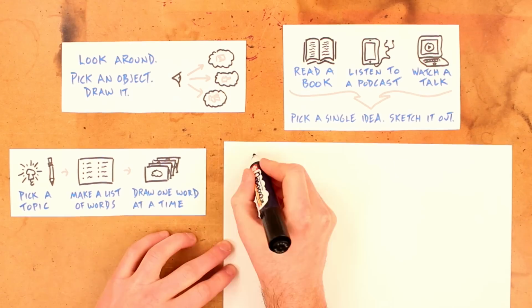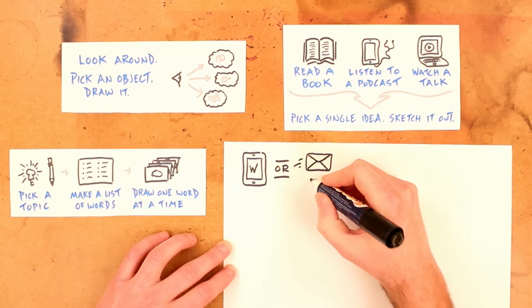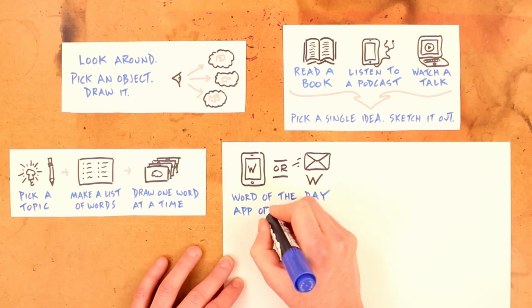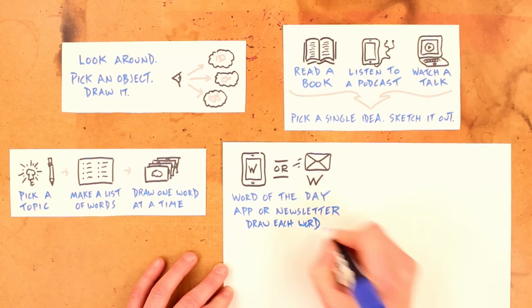Speaking of language development, you might also pick up a word of the day app or sign up for a newsletter and then draw the new word that comes out each day. This one could be a bit of a challenge because the words that they tend to come up with aren't always the most common words. But you'll still be developing that skill of coming up with a visual for a word, even if that word is a little bit obscure and you never come across it in the future.